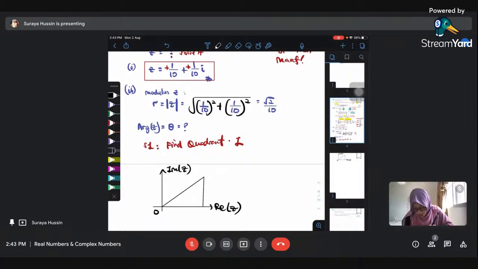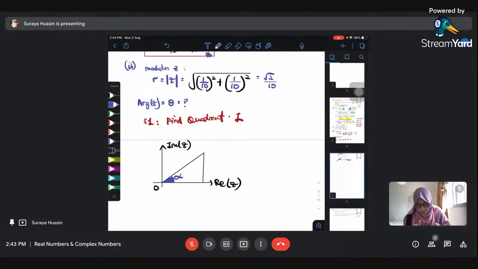Okay, from there, you know that inside here will be your alpha. You takkan straight away dapat theta. You akan dapat alpha dahulu. Okay. So that is quadrant 1. Step kedua adalah, what is the next step? Is finding what is alpha. Alpha mempunyai formula equals to inverse of tangent modulus B over A. Okay.